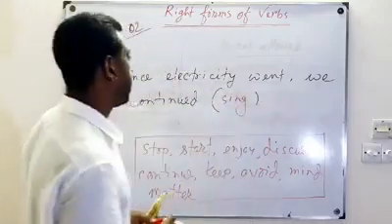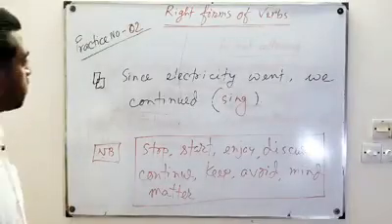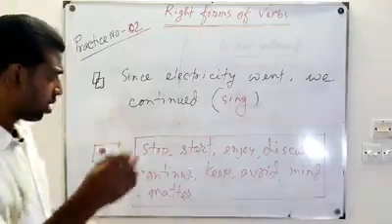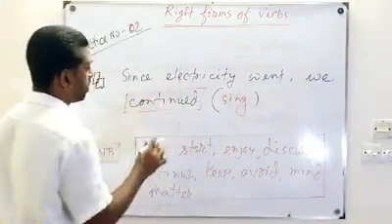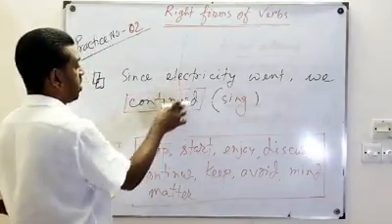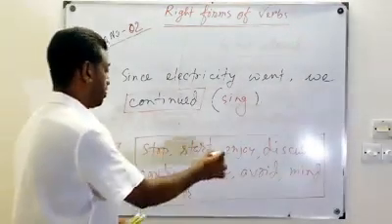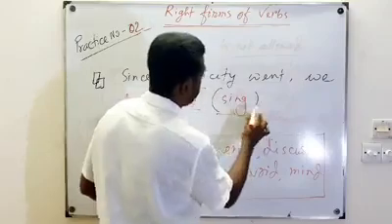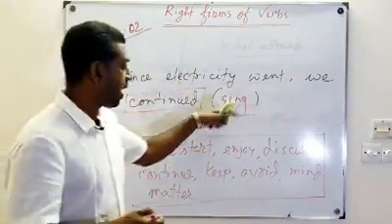So, what will be the correct answer? Since electricity went, I continued. As per the condition of the verb continue, if you see these types of verbs, and after them another verb in bracket, you have just to add ing.